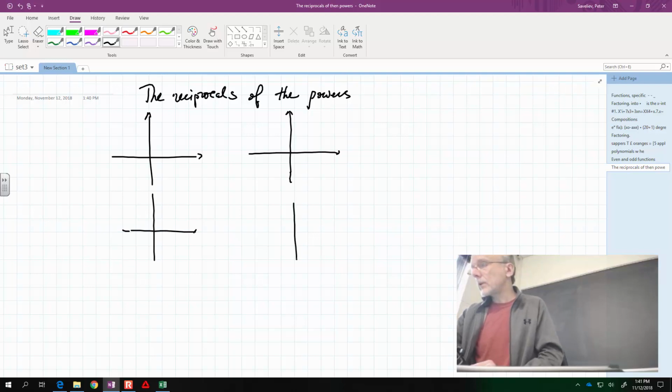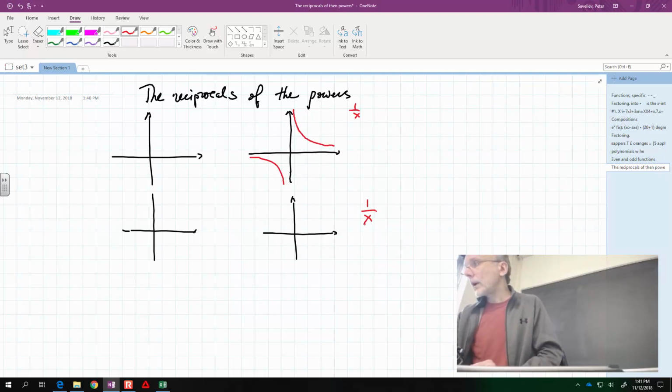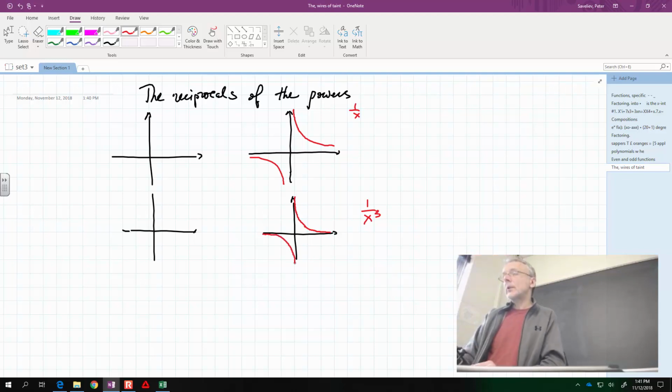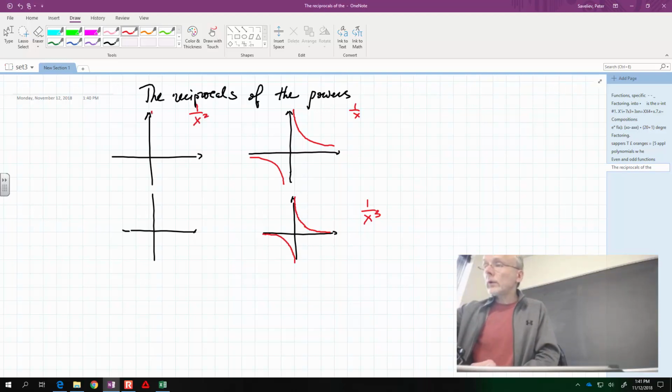In fact, I could take 1/x. So this is 1/x. Looks like this. 1/x cubed looks pretty much similar, only it runs faster. So it becomes closer to the asymptote much faster, but otherwise it's similar. 1/x squared will look like this.